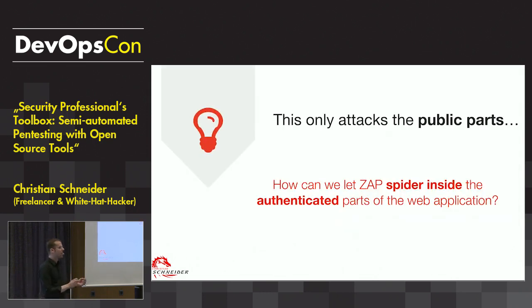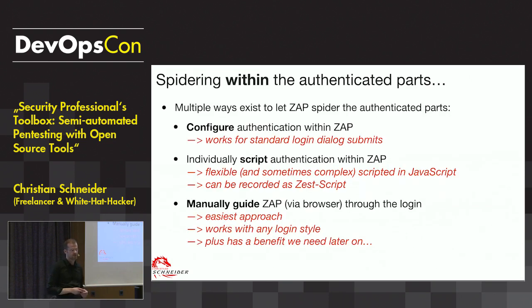And this is now like a cookbook that you can use to use this tool to scan deeper in the authenticated areas of your application. How can we let ZAP spider, for example, it has a spider engine, inside the authenticated parts of your applications? There are three types of doing this. The first one is to configure the authentication inside ZAP.